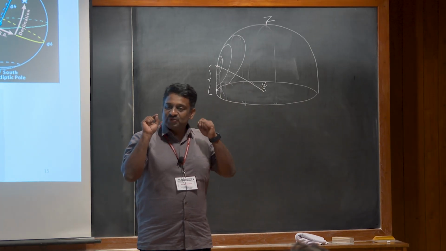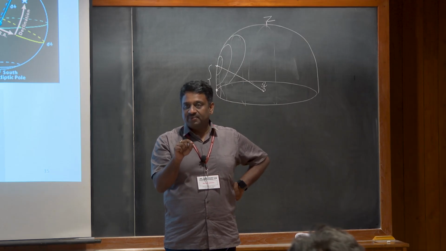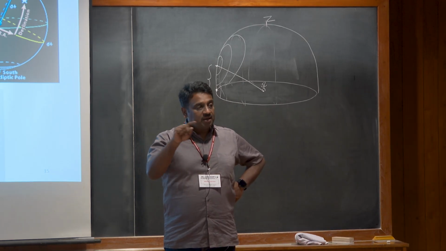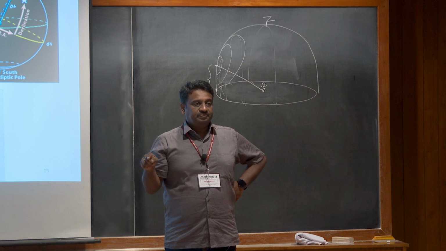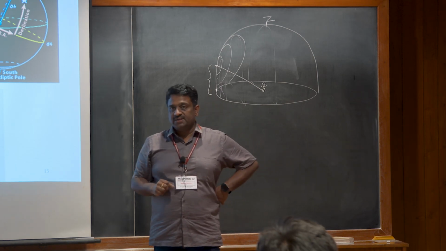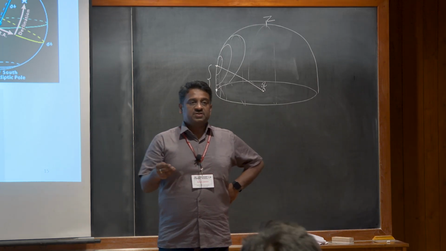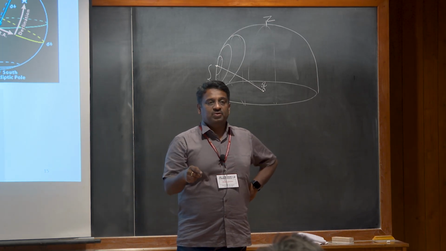Okay, so basically RA is 0 on that day, and every month RA increases by 2 hours. Why? Because it has to cover 360 degrees in 1 year, right? So March 21st the sun's RA is 0. What about April?